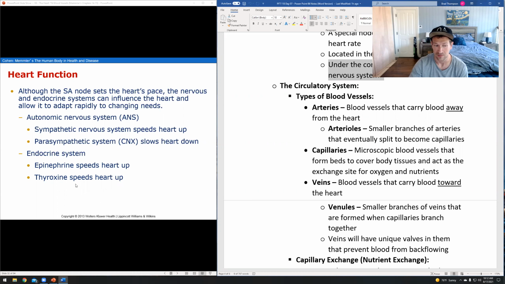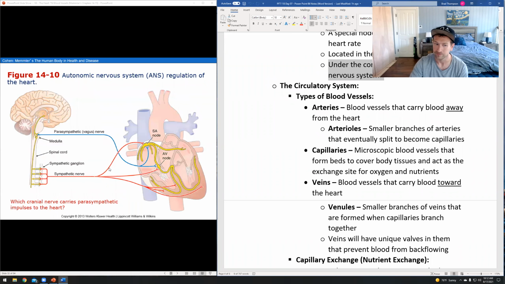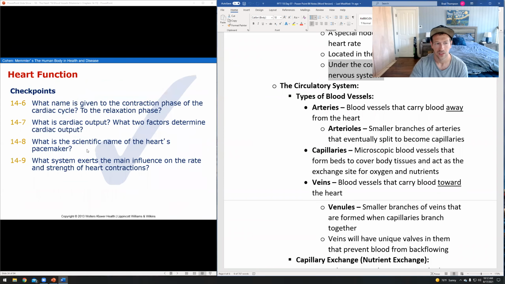And then thyroxine, that's also kind of part of adrenaline. Hormones are so incestuous. That also speeds up your heart. But things like oxytocin, dopamine, serotonin, those slow your heart rate down. So that's how your brain is connected to these little internodal pathways here.